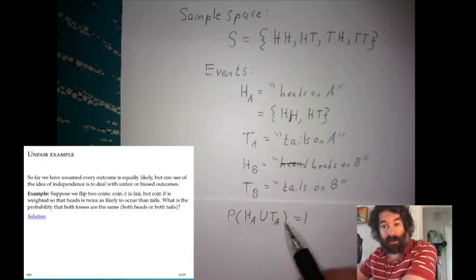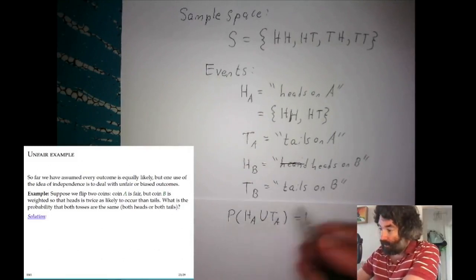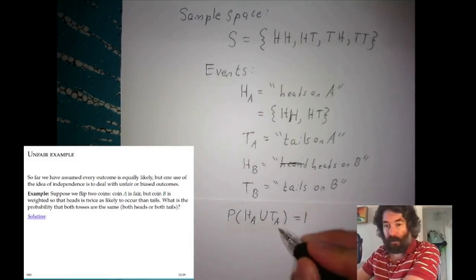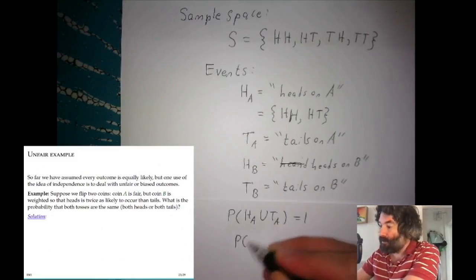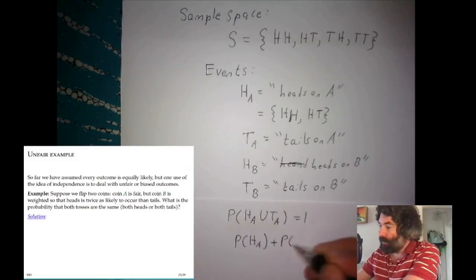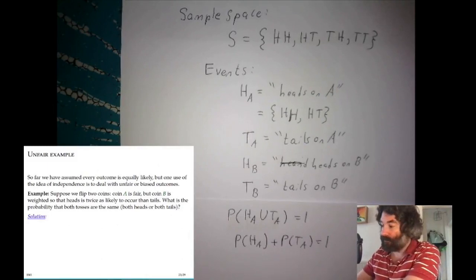Now, heads on A and tails on A are mutually disjoint events, and so the probability of their union is the sum of the probabilities, meaning that the probability of heads on A plus the probability of tails on A is equal to 1. And because heads and tails are equally likely on A, both of these have got to be 1/2, since they're the same.